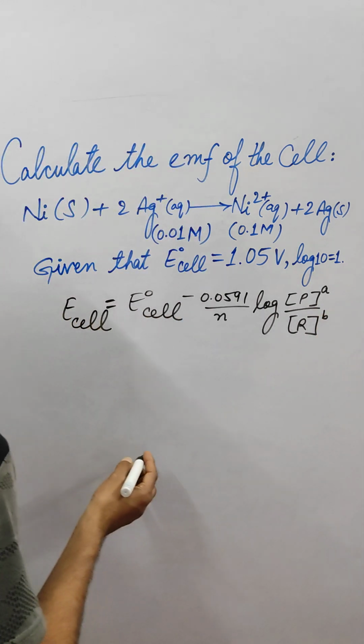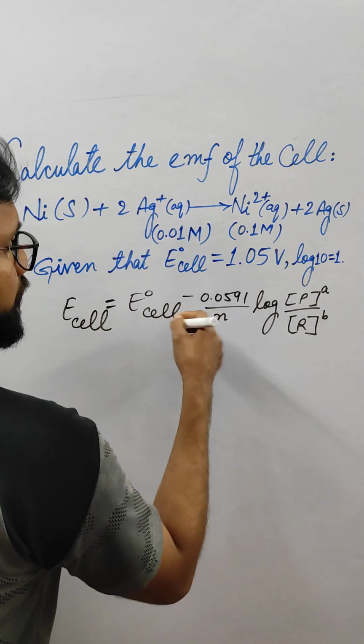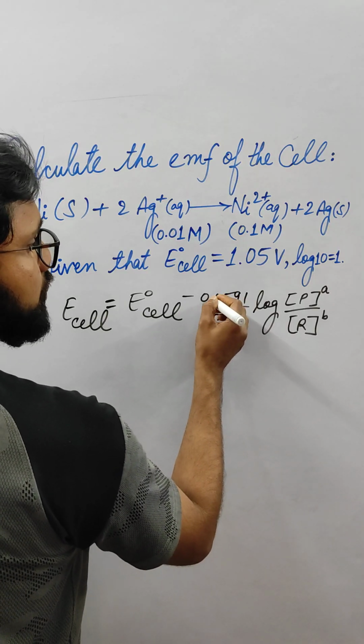Let's suppose b. Here the value of n is the number of electrons.